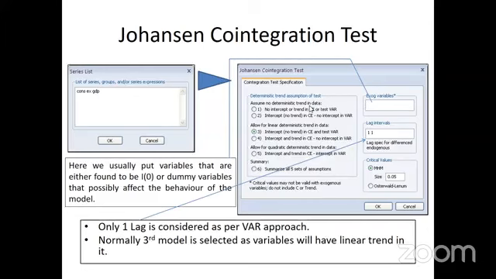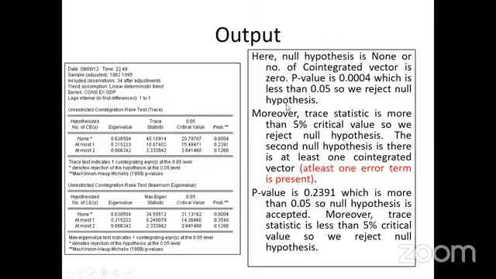Right. Now click OK. Click OK, and immediately you will get this result. In this result, it's very interesting that we have to see where the p-value is more than 0.05. Why? Because our null is that no co-integration exists, and therefore we want to reject the null.